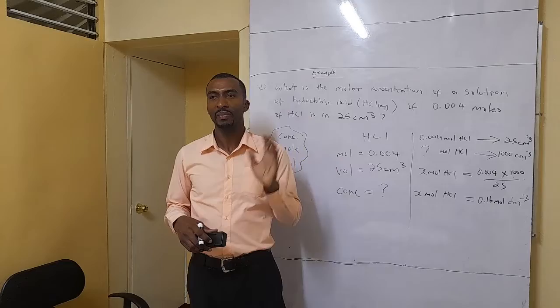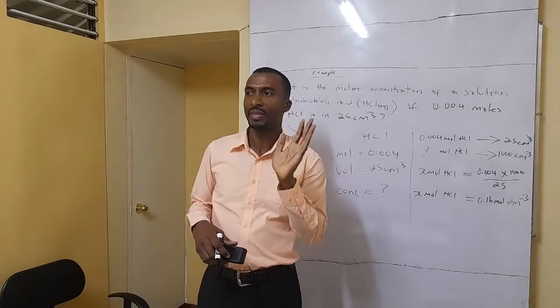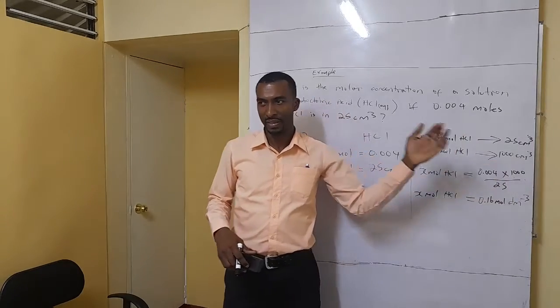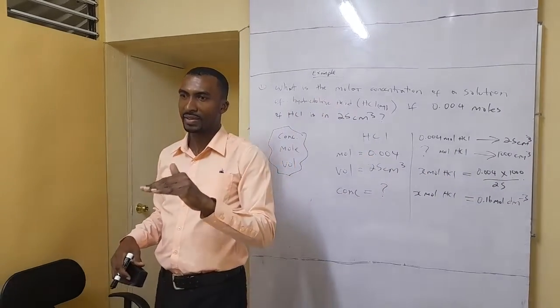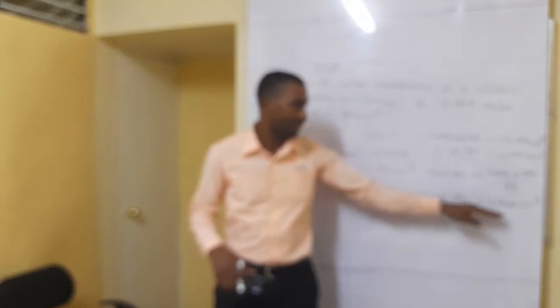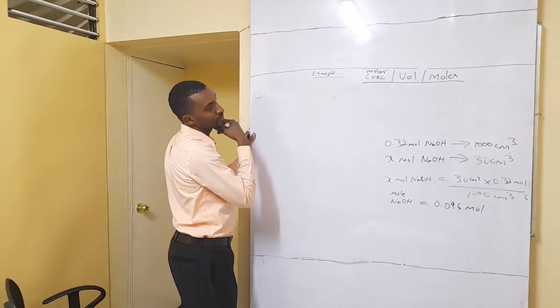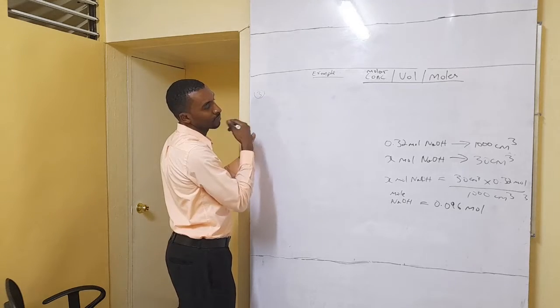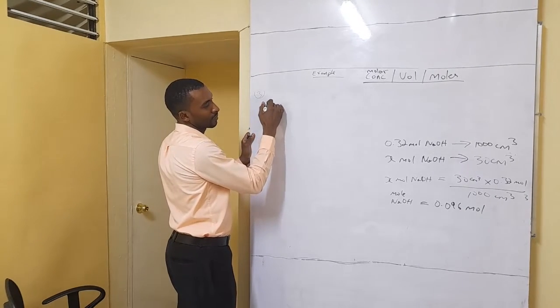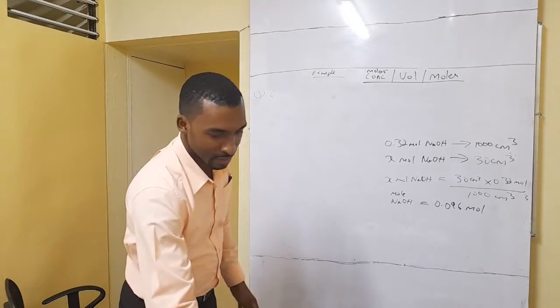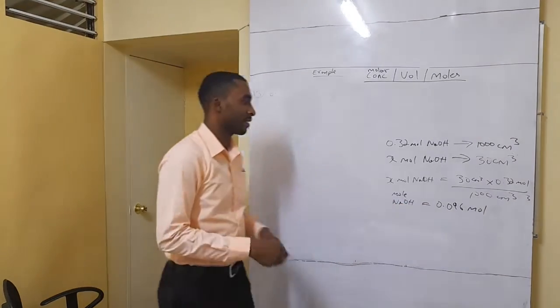Because 1 mole would be 6.022 times 10 to the 23, so 0.16 moles would be lower. So it's this times that number, for the same concentration that we have here.